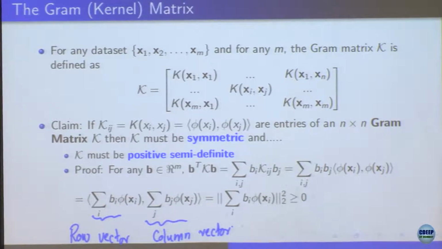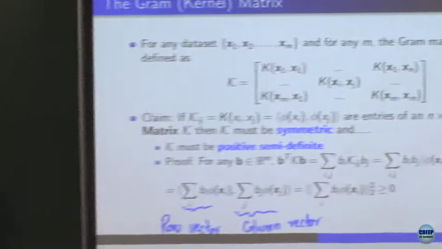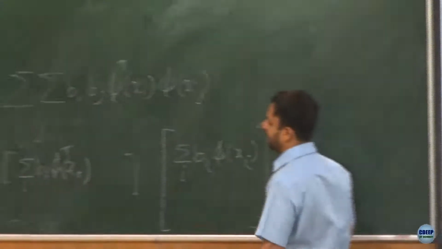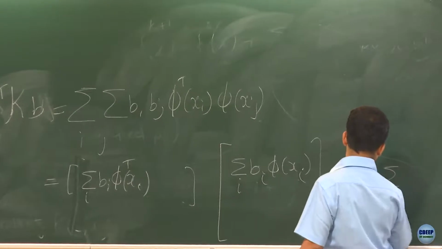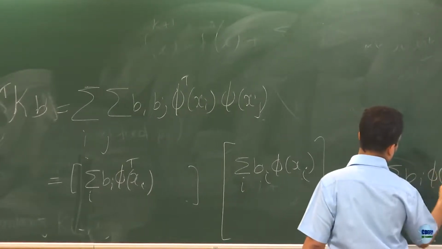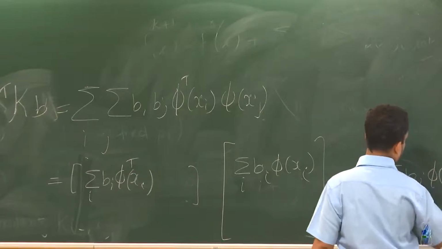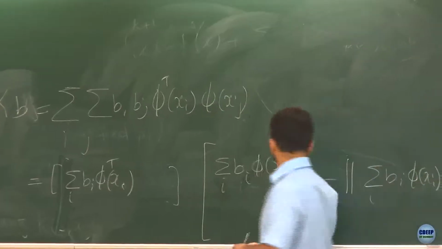So this is actually the same vector. Is that clear? It is the dot product of the summation of b_i phi of x_i with itself, and that is nothing but the squared 2-norm, which will always be greater than or equal to 0.